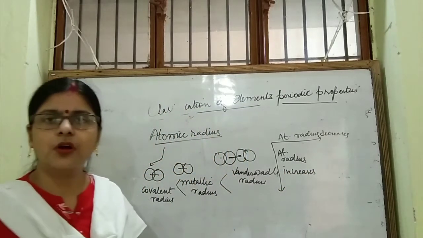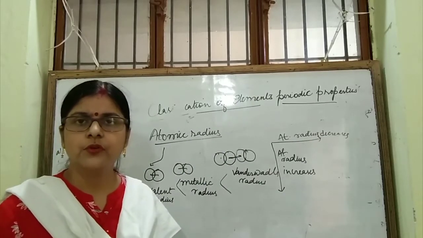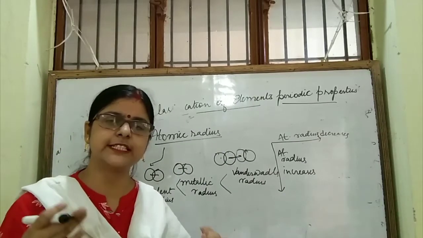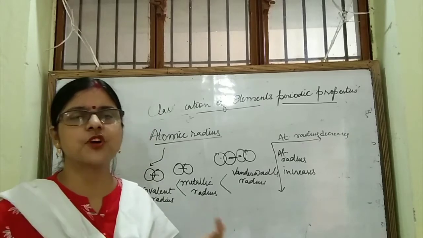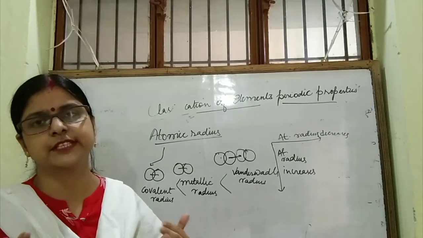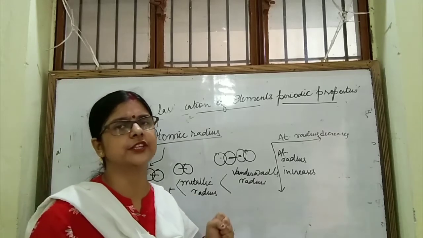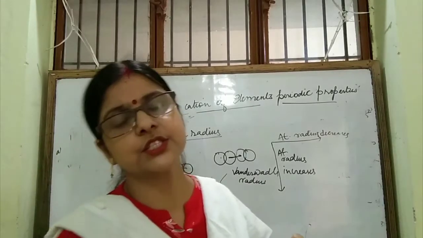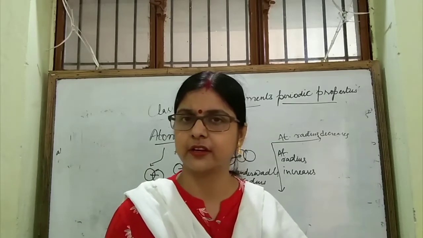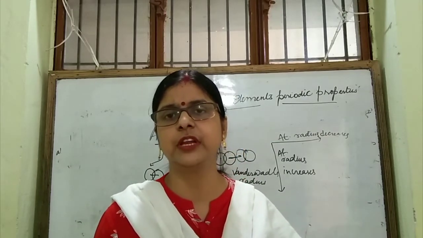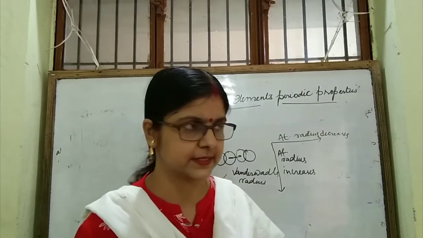Why is that so? I hope all of you know. When we move from left to right in a period, the electrons are added in the same shell. So the nuclear charge effect dominates over the screening effect, and the effective nuclear charge increases.